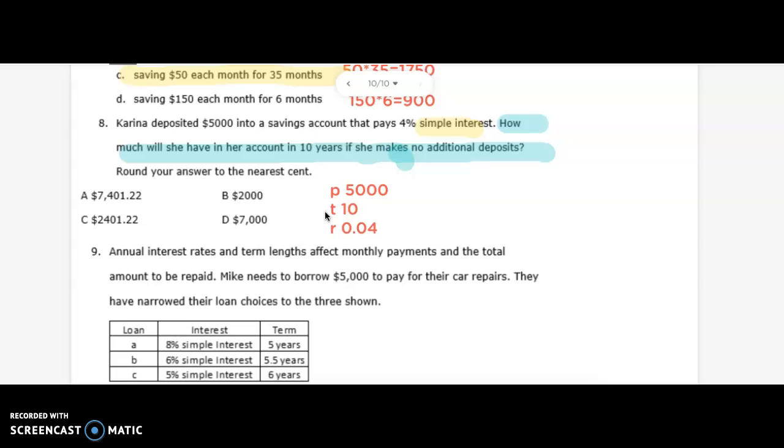Our formula here is I equals PRT. And remember, that's going to give you interest, so that's 5,000 times 10 times 0.04.